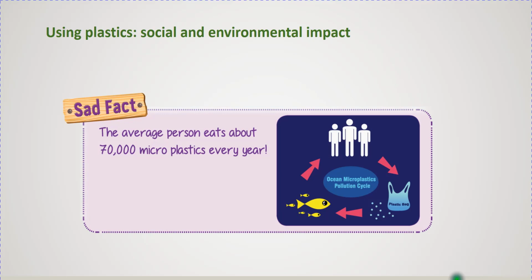So the people here first buy this plastic bag. This plastic bag would have microbeads maybe used in the manufacture of it. These microbeads end up in the ocean. The fish don't see these microbeads and just eat them. We then eat the fish, so that's how we end up with 70,000 microbeads per year in our bodies.